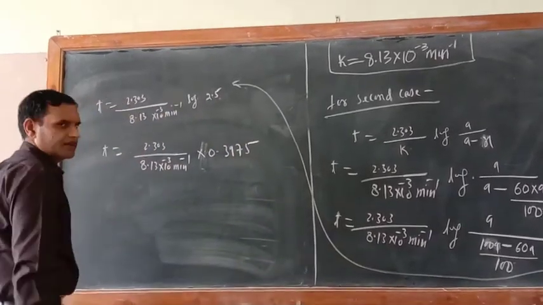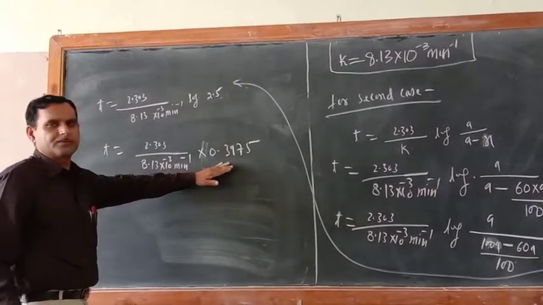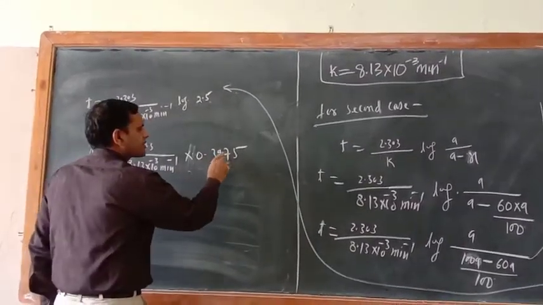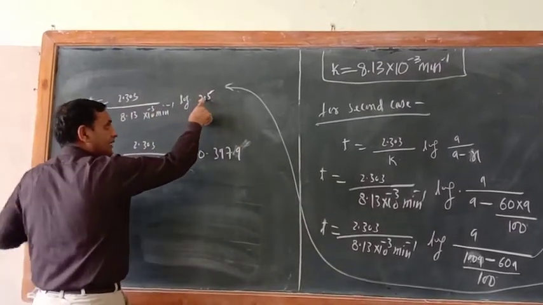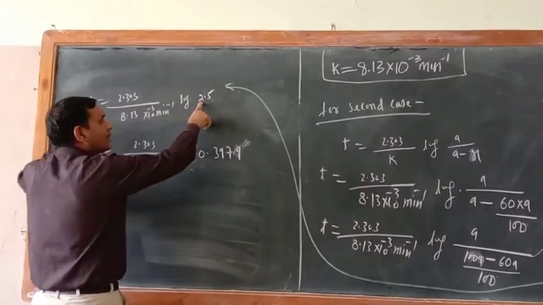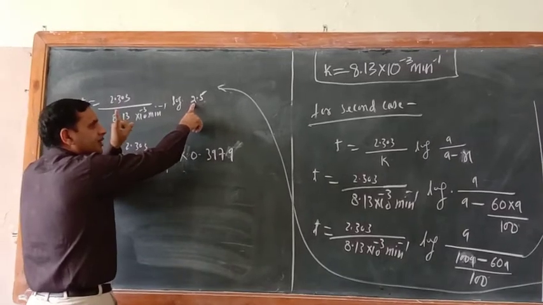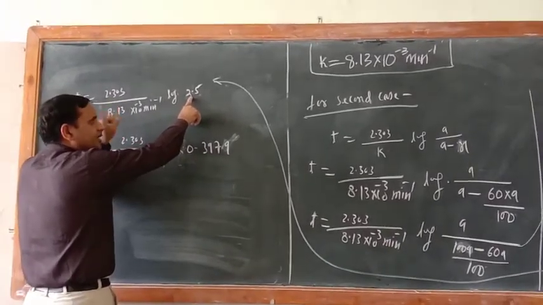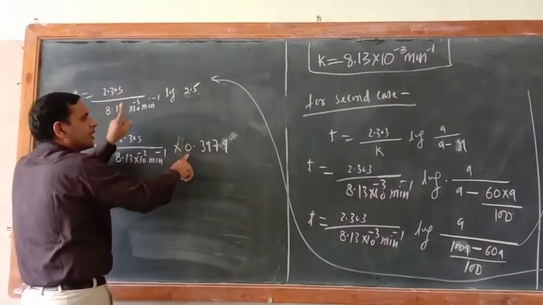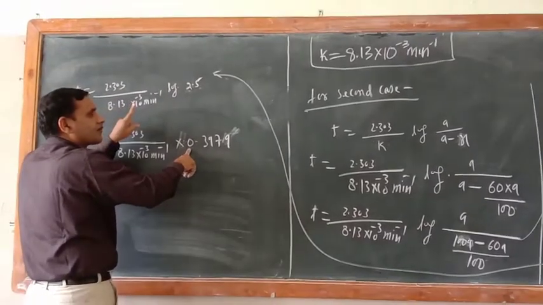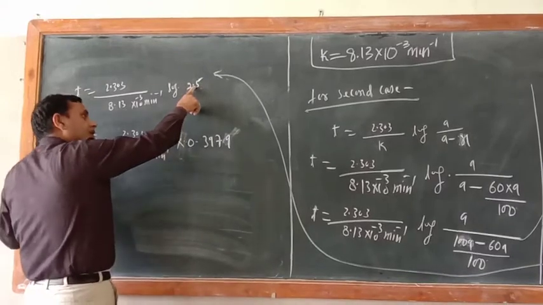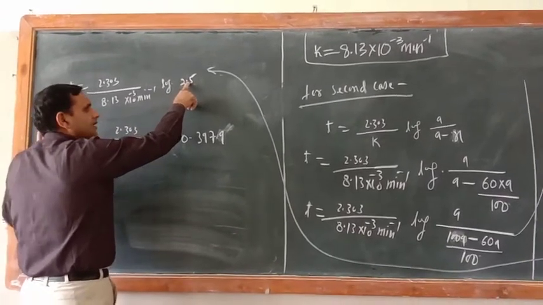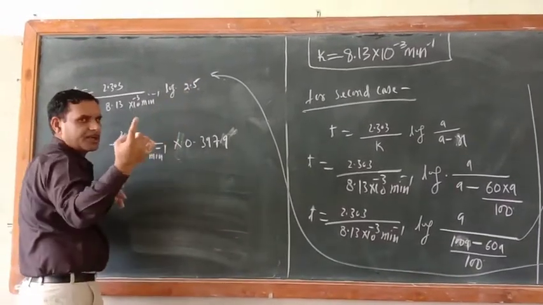Dear cadet, this is 3979. Remember, on the left hand side of the decimal, how many digits is there? 1 digit. This is known as the characteristic. So if 1 digit is there, then it should start from 0. If 2 digits are there before the decimal, means left hand side of the decimal, then 1 point.